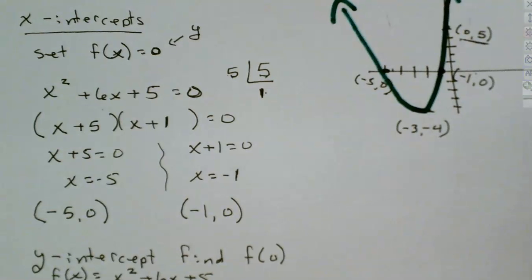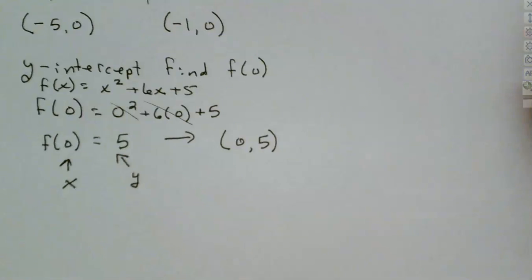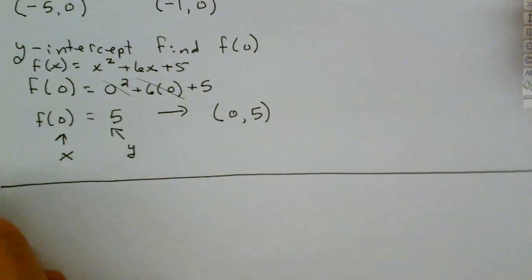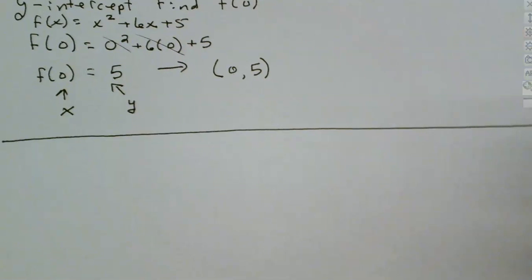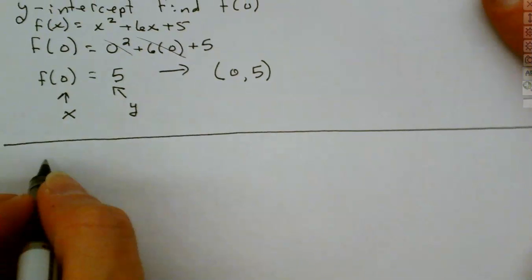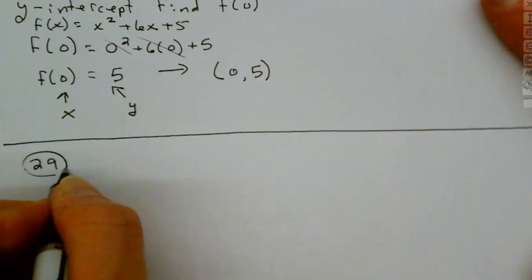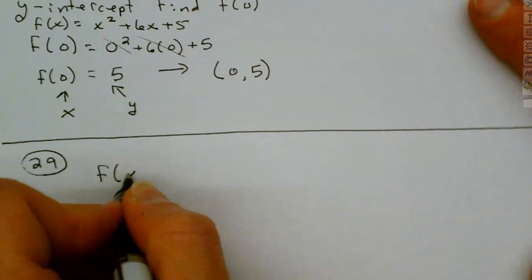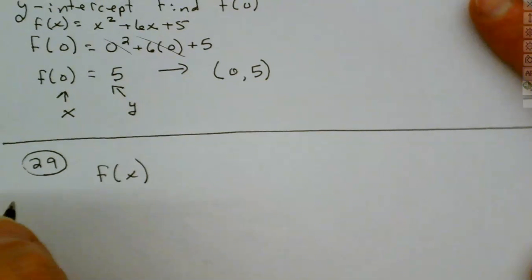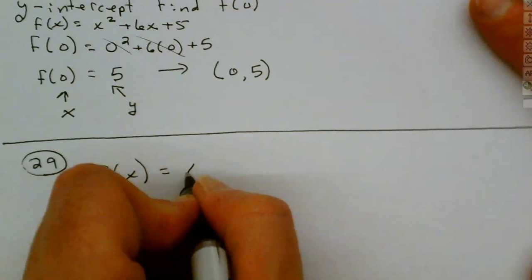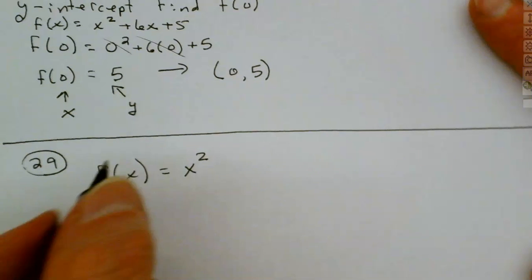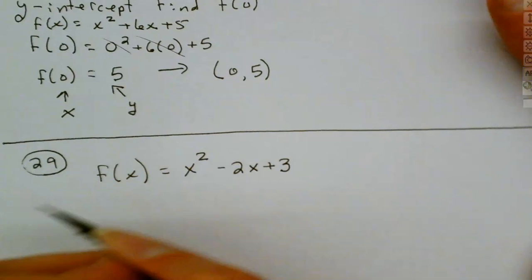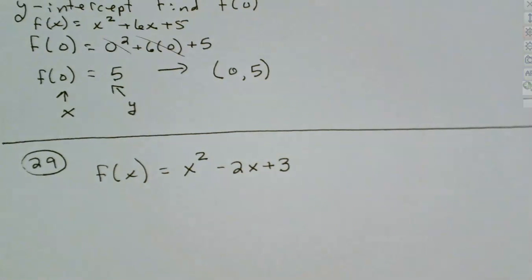So let's look at 29. And question 29 is f of x equals x squared minus 2x plus 3.